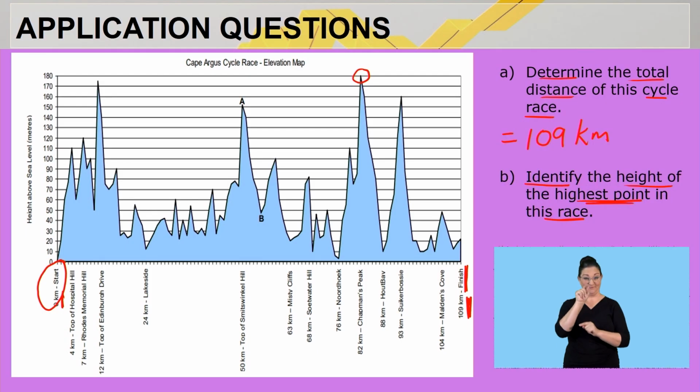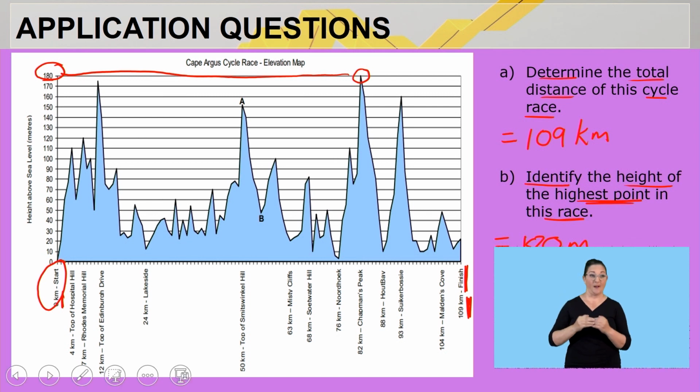Now I'll move across to my left-hand side to see the height. It indicates that the height of the highest point equals 180 meters above sea level. Guys, are we clear? The height of the highest point, 180 meters above sea level.